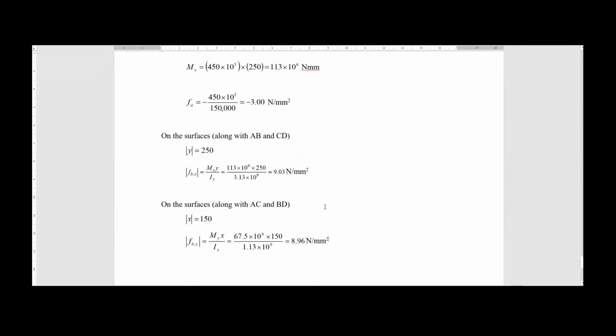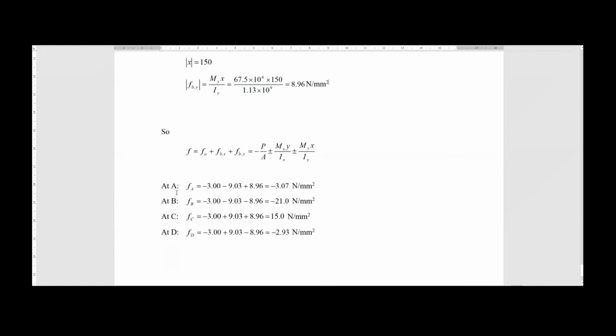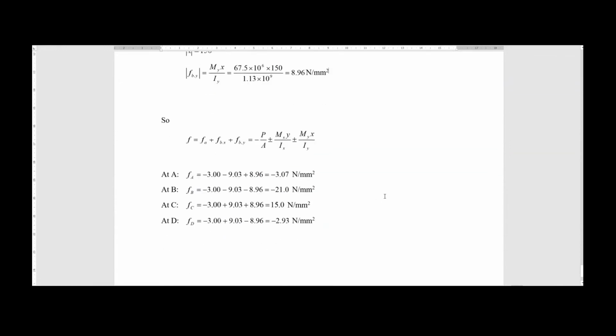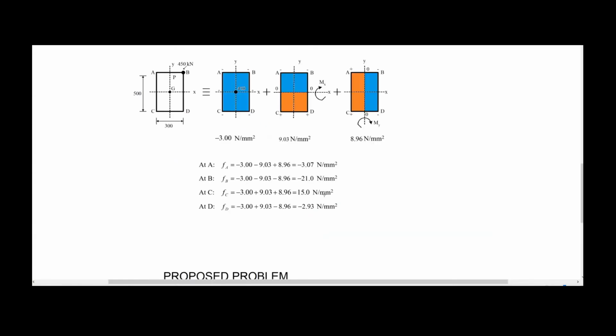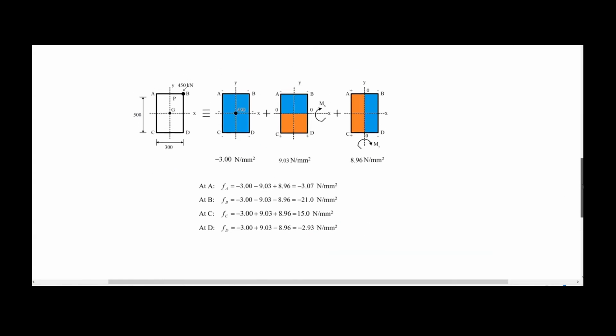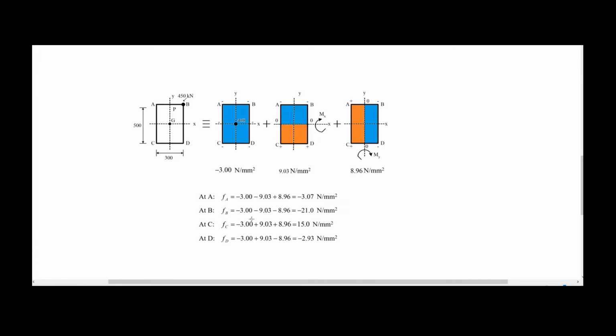And we are going to do specifically the analysis for the points A, B, C, and D. But in order to do that, I will use a better diagram here. So I have all the values. We have calculated the axial stresses for the cross section when the load is centered, and the bending stresses considering the moment Mx.